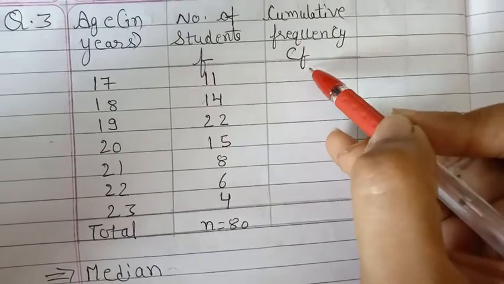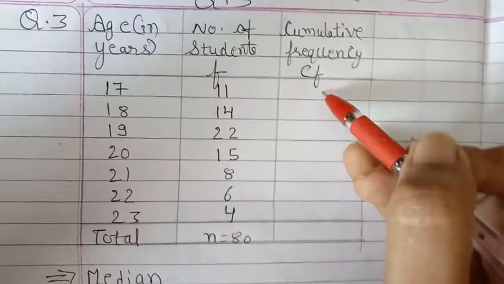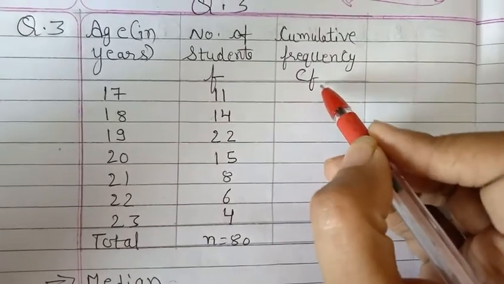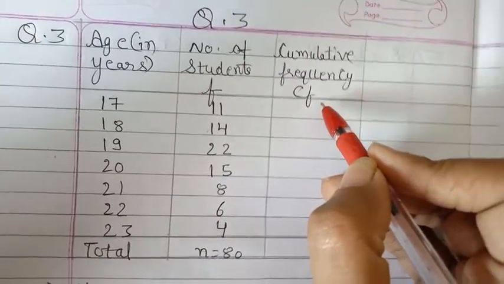First of all, our first step, whenever we have to find any positional average, that is median, quartile, decile or percentile, we have to find the CF column, that is the cumulative frequency column.